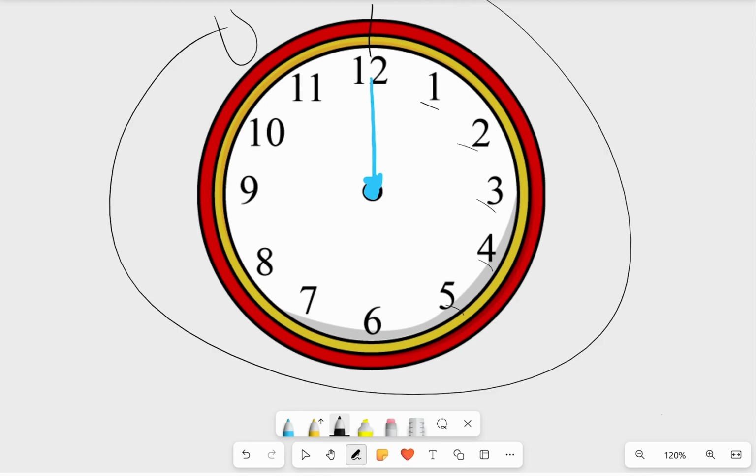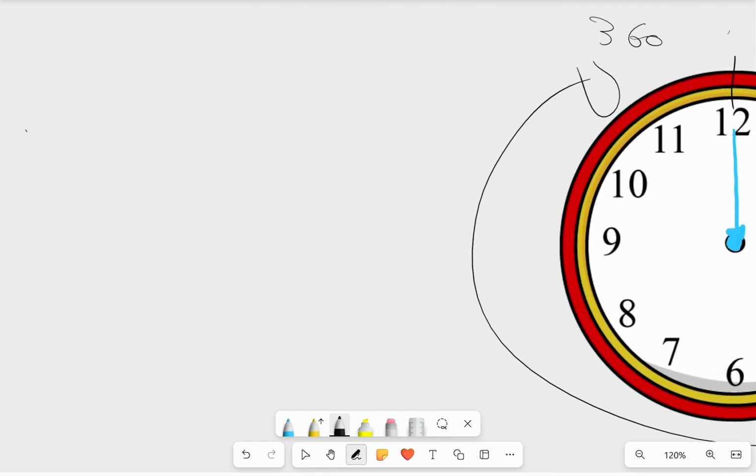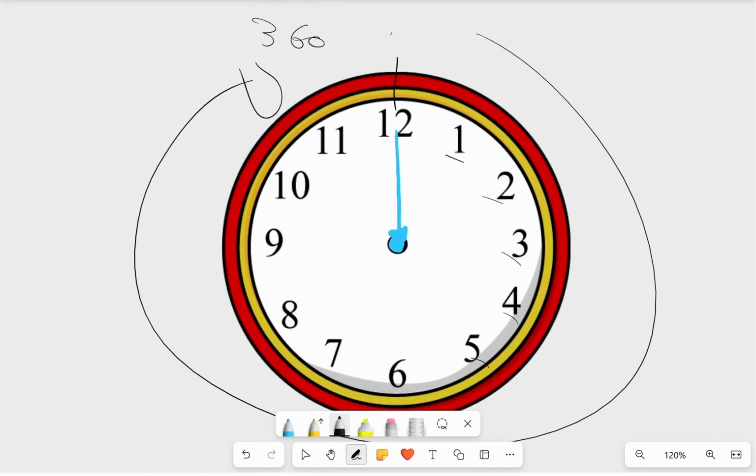Let's calculate it. We have 360 degrees because we are making a full circle, divided by 12. So each number is going to have an angle of 30. Number 1 has an angle of 30, and number 2 also has an angle of 30.